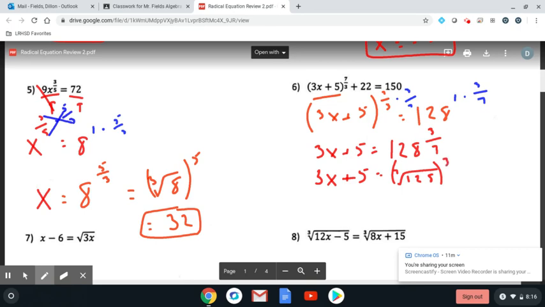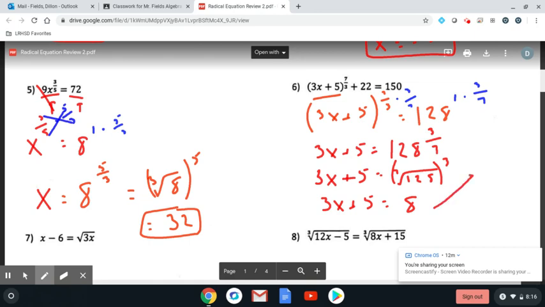All right. Now once you guys are here, you have to simplify that right side like we talked about. So the 7th root of 128 is actually 2. And then 2 to the 3rd would give us 8. So that means that we're going to have 3x plus 5 is equal to 8.